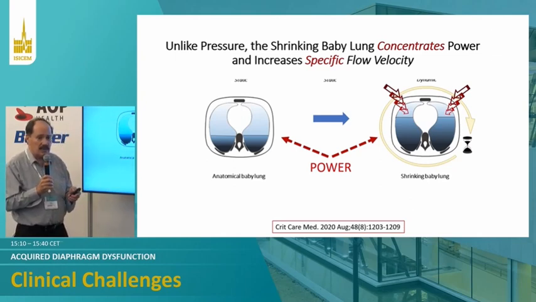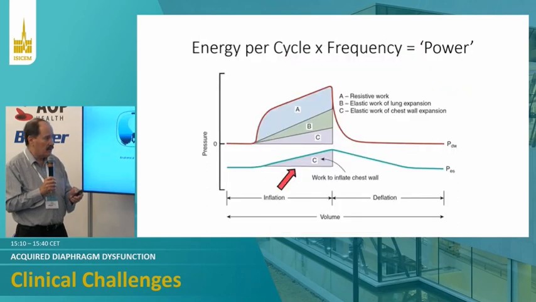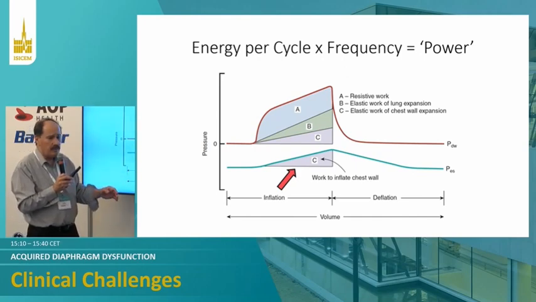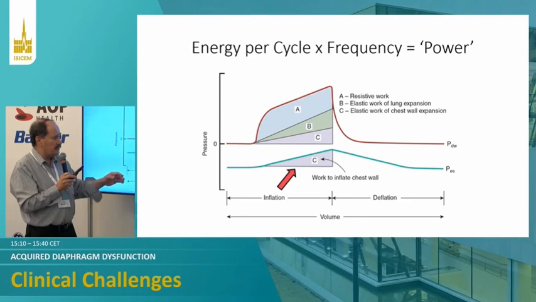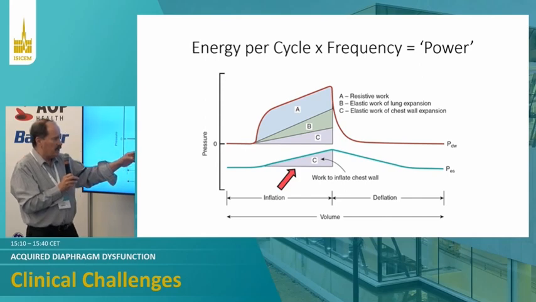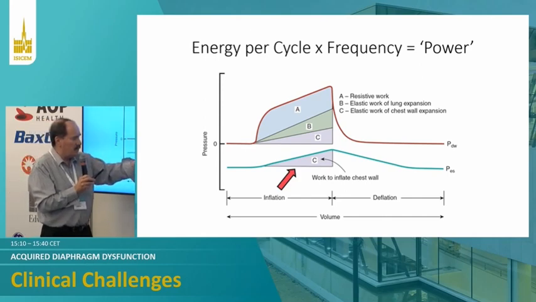So power has a lot of interesting little features that we need to master, we think, at the bedside. Now, this is one of my oldest slides. When I was interested in the work of breathing that people do during constant flow inflation, there's work to inflate the chest wall, which is the area C. Remember I told you that energy is volume and pressure.